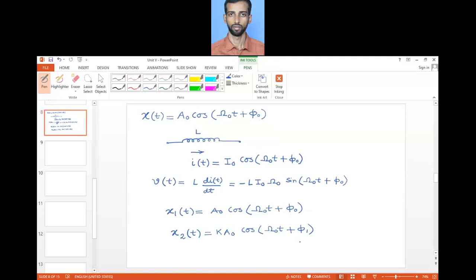Whenever a signal's amplitude is multiplied, we can easily invoke homogeneity. But when the phase is augmented by some amount, we cannot simply invoke any of the three properties for the LTI system. Therefore, even if we observe the signal A naught cos of omega naught t plus phi naught as one of our input signals, it will be easier if we visualize it from a different perspective. So what is that perspective?